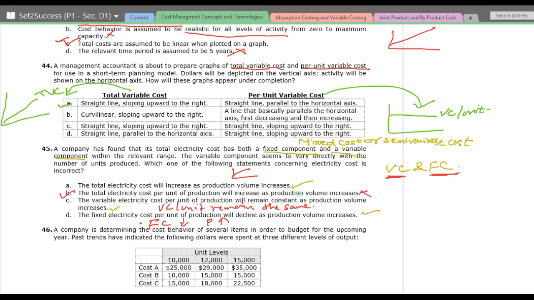It has an inverse relationship. That's why this is the incorrect option, because fixed electricity cost per unit will decline as production volume increases. It will not increase. No, this one is decreasing, so that's why this is the incorrect option.